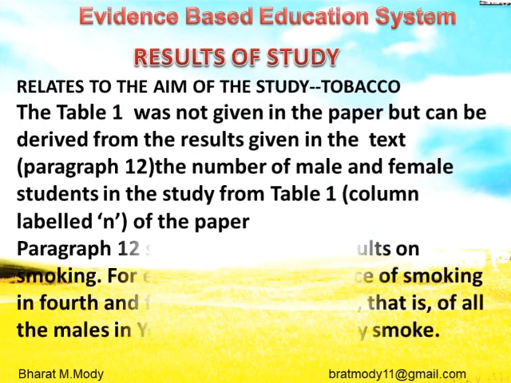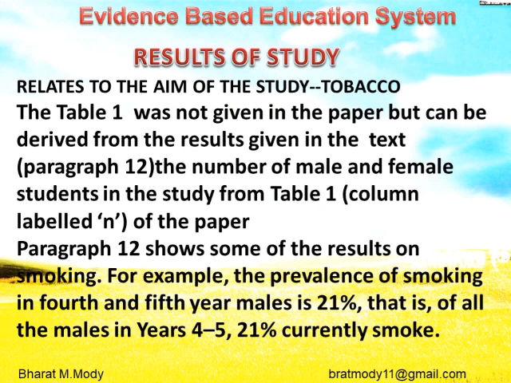The results of the study, first we'll take is tobacco. Table 1, which was not given but was prepared both for males and females, found that the prevalence of smoking in the 4th and 5th year was 21%.